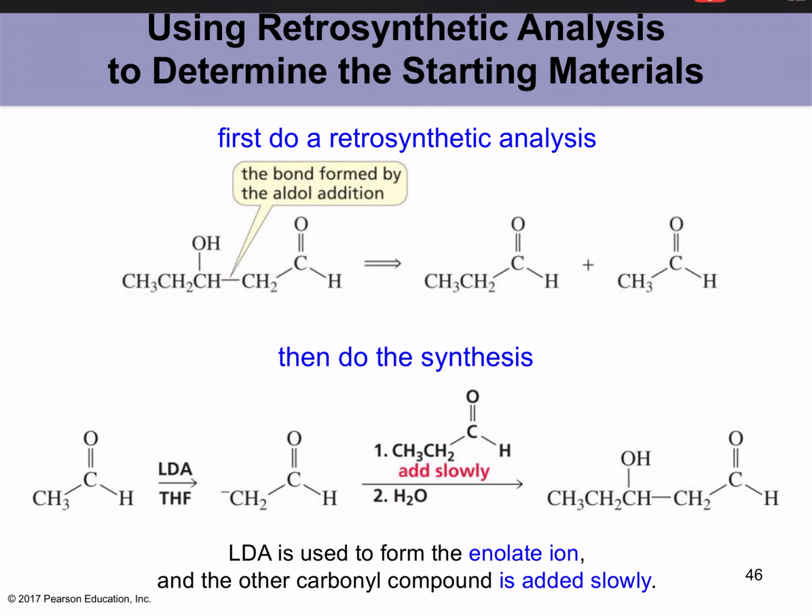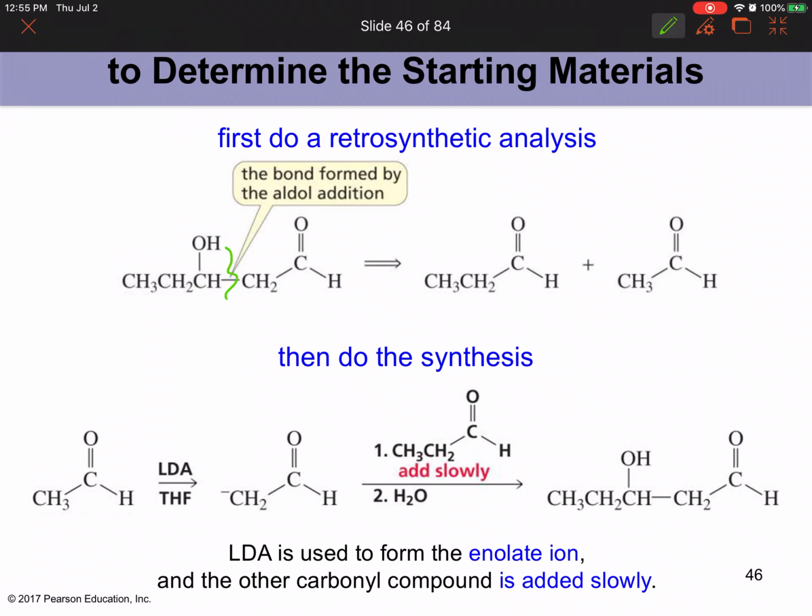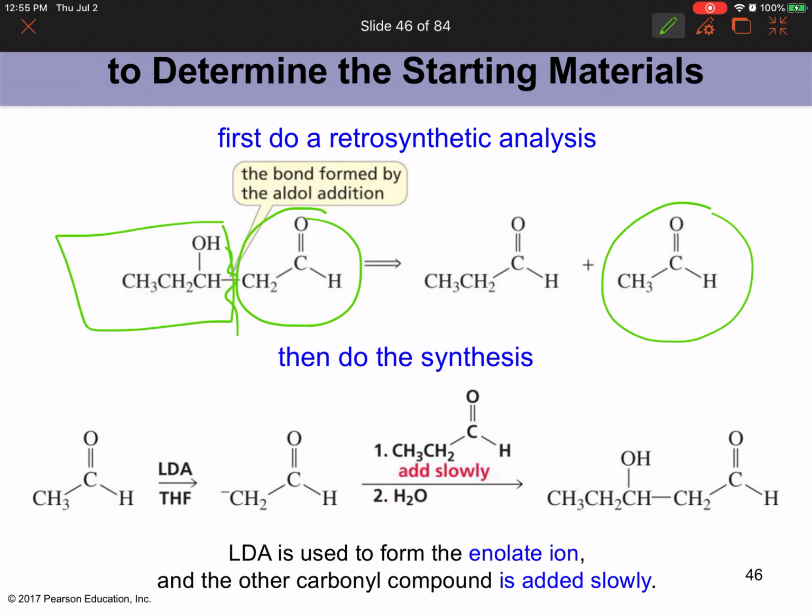So basically if you break that bond in your mind, what you're going to get is these two compounds. From this side you have this aldehyde, and from the other side you should be seeing in your mind you have a carbonyl group, and then with this hydrogen, that is an aldehyde. Okay, and then you can see, I'm going to mix these two together to do the synthesis. So we need to make the carbanion here.